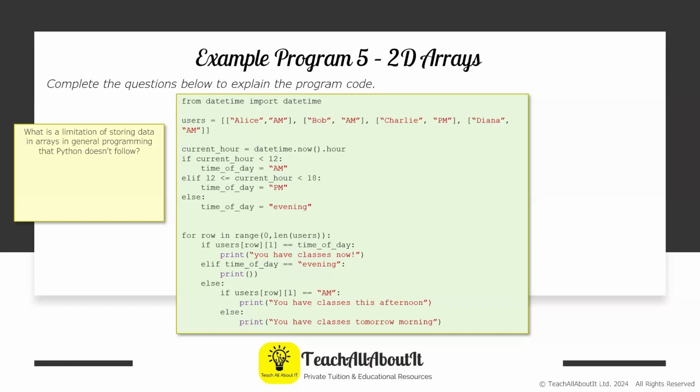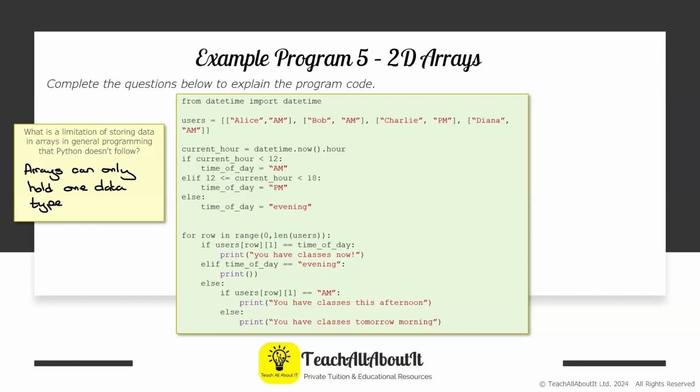One of the statements that they make about arrays, and this is programming theory as a whole, is that an array can only hold one type of data. So one data type, you can have an array of strings, an array of integers, an array of floats, an array of booleans, but you can't have, in fact, you can have an array of arrays, which is what a 2D array is, but you can't have different data types in that array.